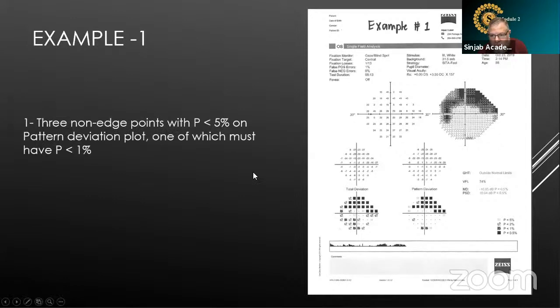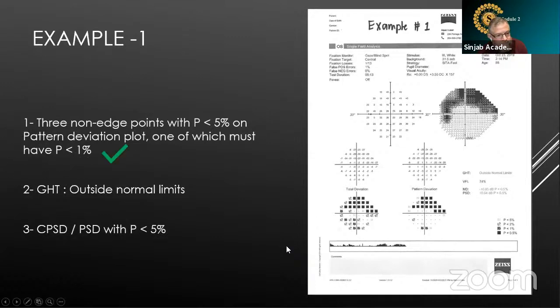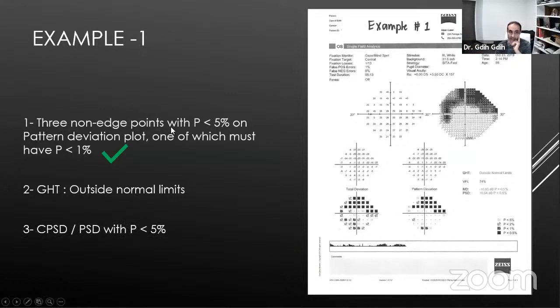And we have outside normal limits. And the P of the PSD is less than 5%. Perfect. So yes, I agree with you. We have more than 3 non-edge points with p-value less than 5% on the pattern deviation plot, and one of which is less than 1%. We have GHT outside normal limits. We have PSD less than 5%. We're good. This is glaucomatous.